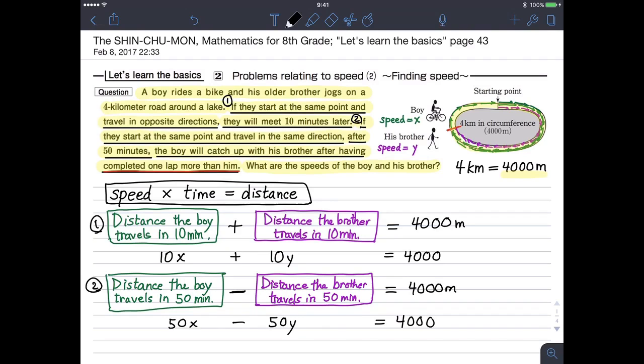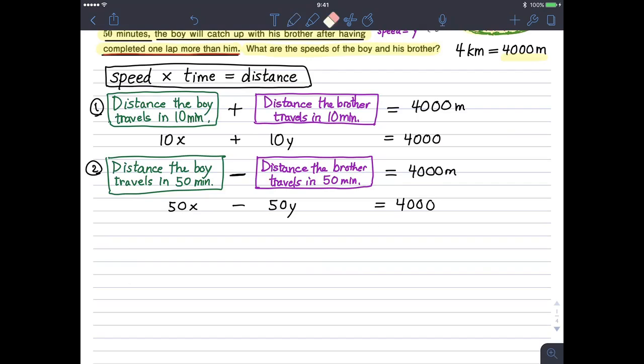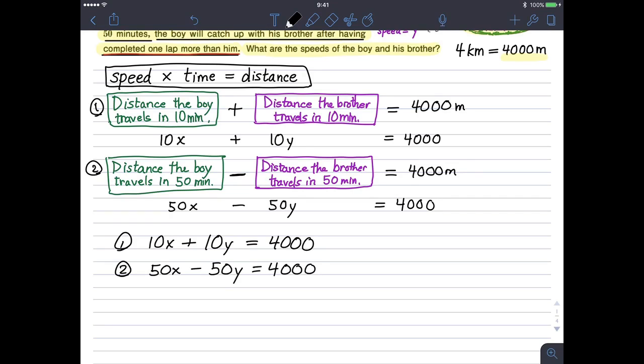Let's write that again down here. The first equation is 10x plus 10y equals 4,000. And we have 50x minus 50y equals 4,000. These are the simultaneous equations that we need to solve.